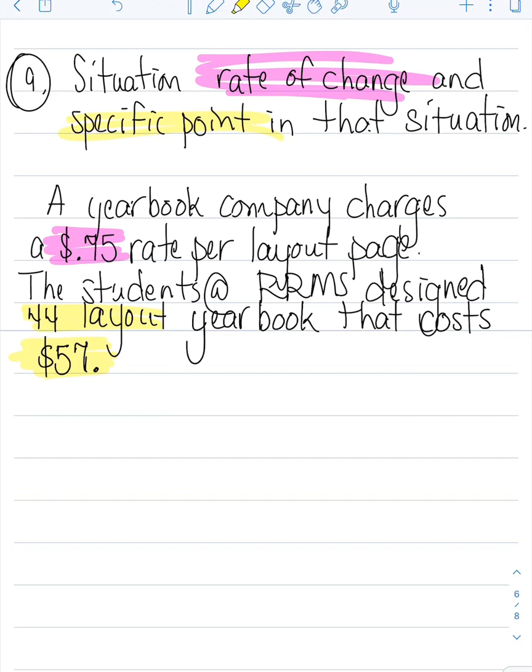You can plug it into the point slope formula or form. So y minus y1 equals m times x minus x1. So let's think about this for a minute. I know I can clearly see that my slope is 75 cents, but I've got to think a minute about how to write my point.